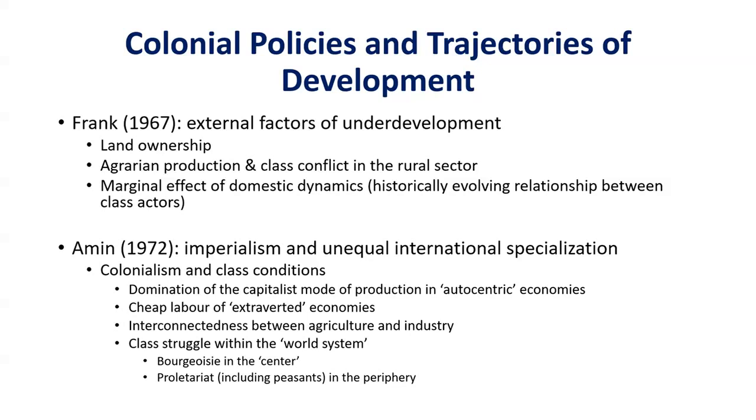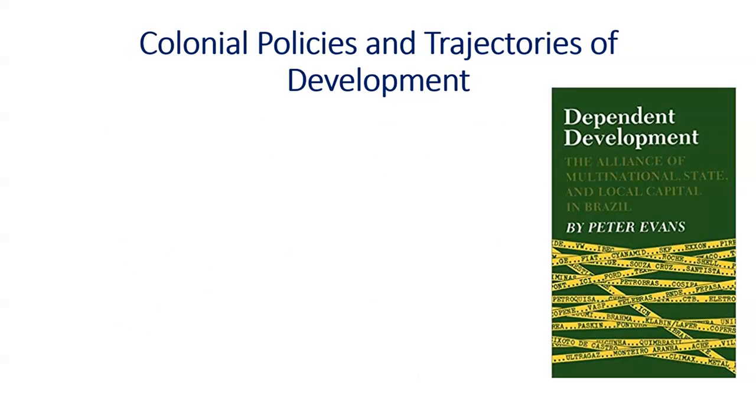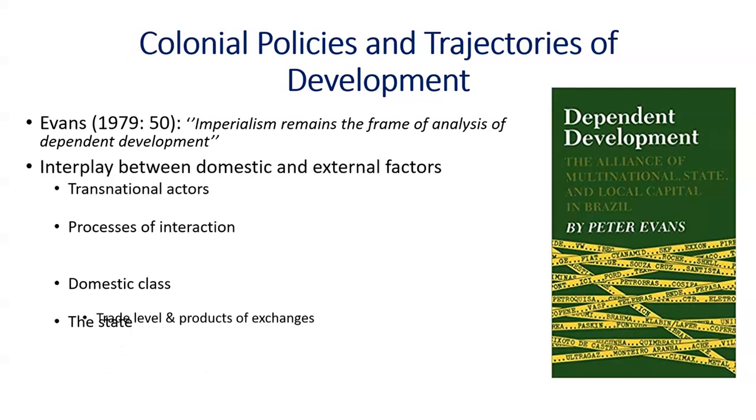This unequal exchange between the core and the periphery, where the periphery offers cheap labor and the advanced capitalist countries offer industrial products, would eventually lead to a proletarian revolution in the periphery in order to rectify or improve their dependent position in the international economic system.